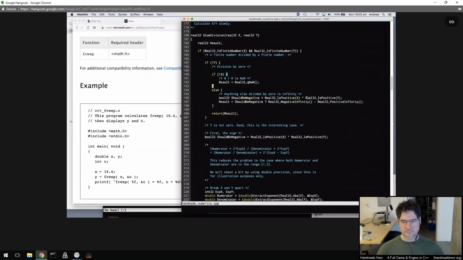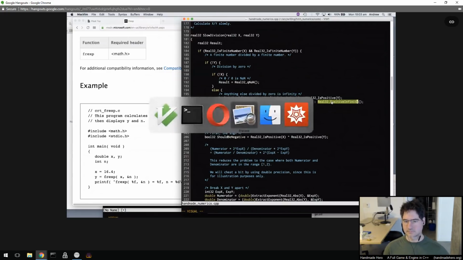Anything else divided by 0 is infinity, and it is an infinity of the same sign as x. No, it's the sign of x exclusive ored with the sign of y. So if we take -100 and divide it by -0, we get positive infinity.